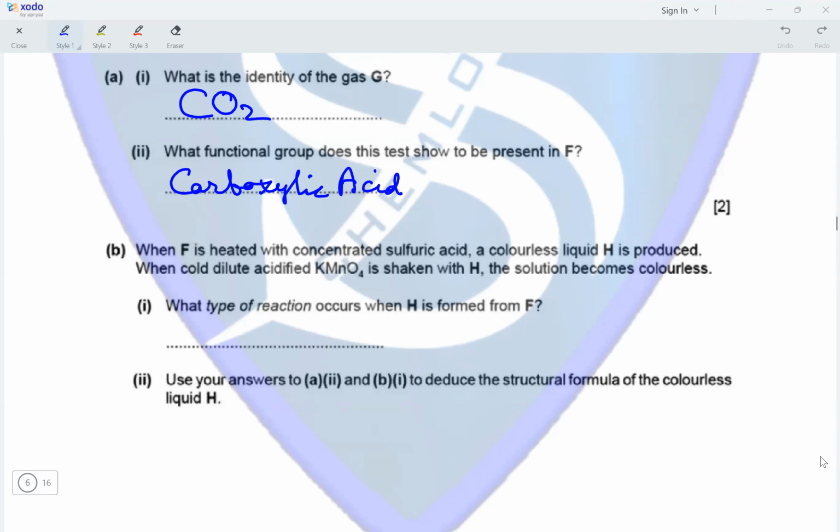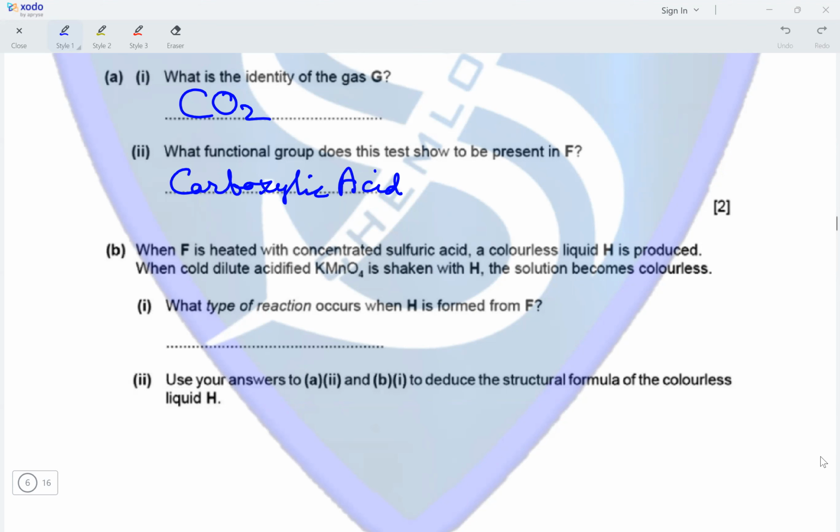When F is heated with concentrated sulfuric acid, a colorless liquid H is produced. When cold dilute acidified KMnO4 is shaken with H, the solution becomes colorless. What type of reaction occurs when H is formed from F?